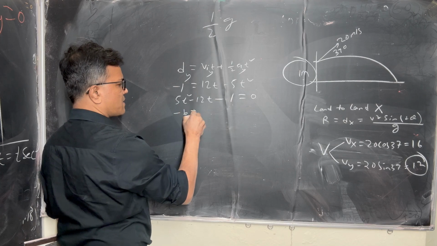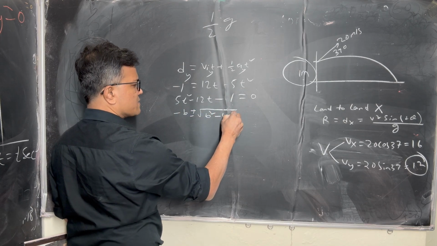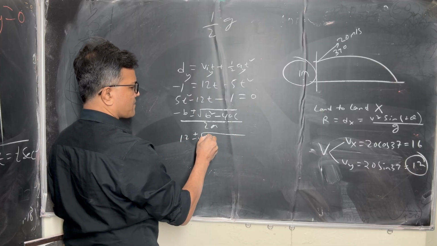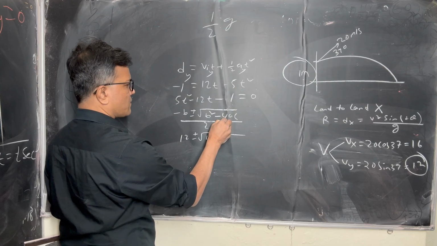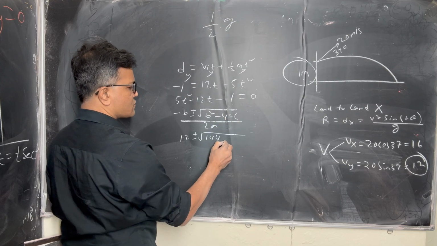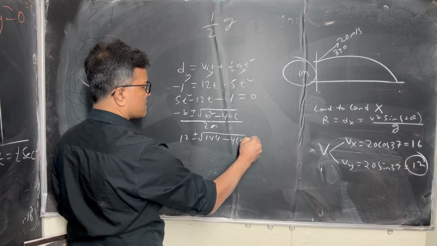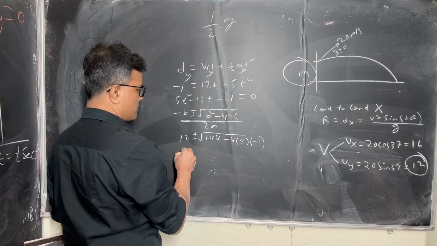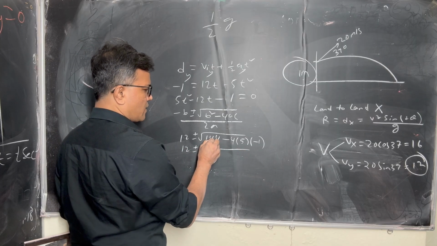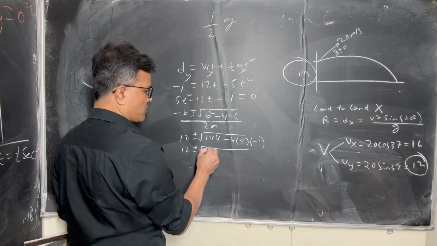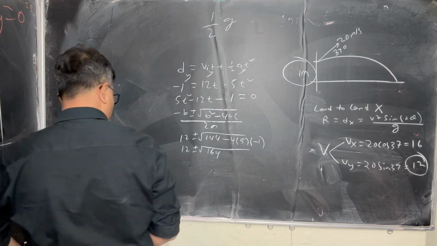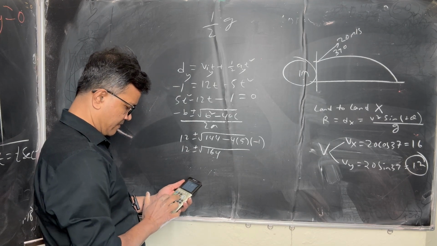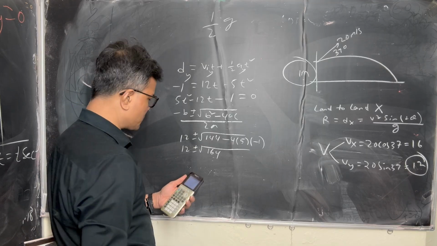So minus b plus minus square root of b squared minus 4ac over 2a. So you have 12 plus minus the square root of 144, 4 times 5 times c, which is -1, so 144, 154, 164. So the square root of 164 is 12.8.